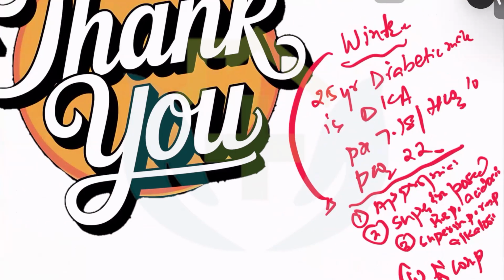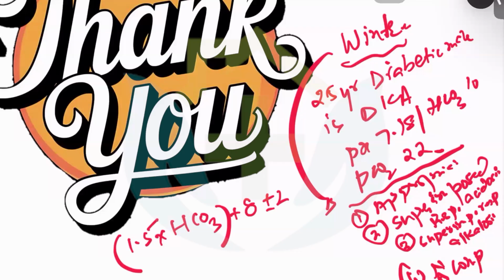So the Winter's formula for all of you again is 1.5 into bicarbonate plus 8, plus or minus 2. This is the expected PCO2. This is how the question will come.